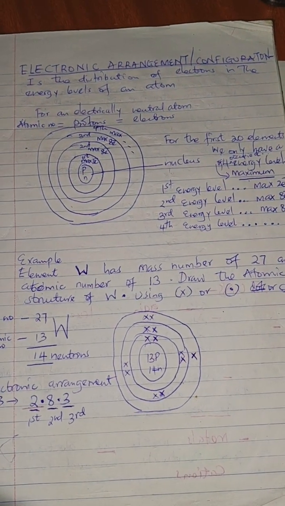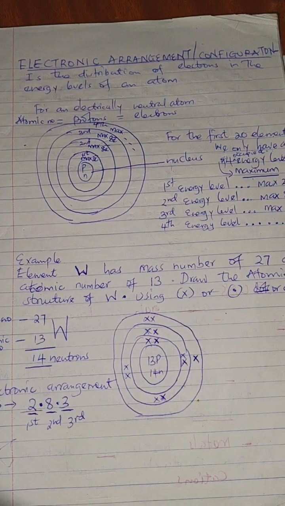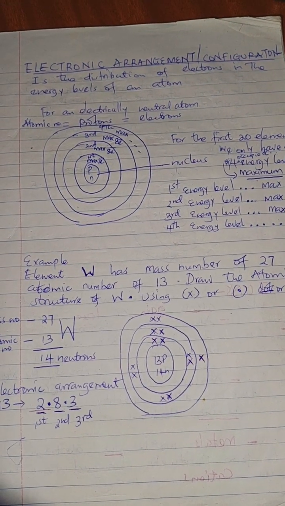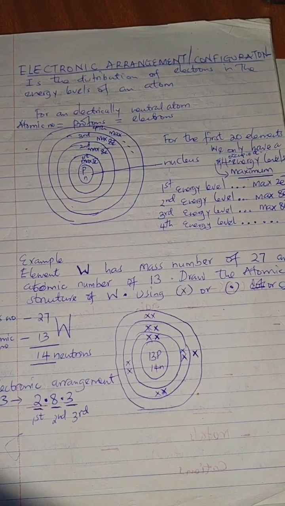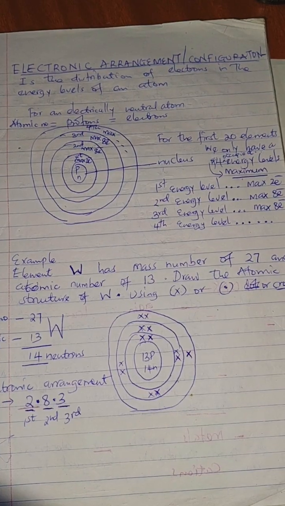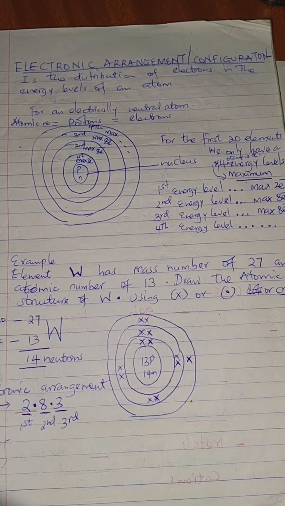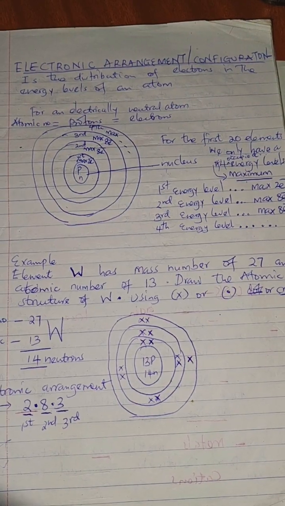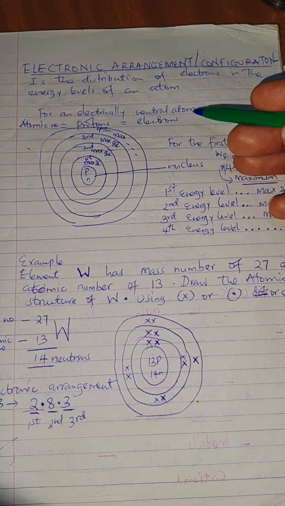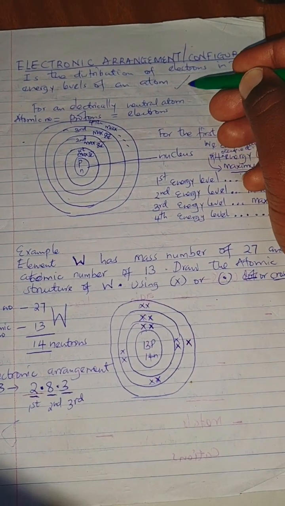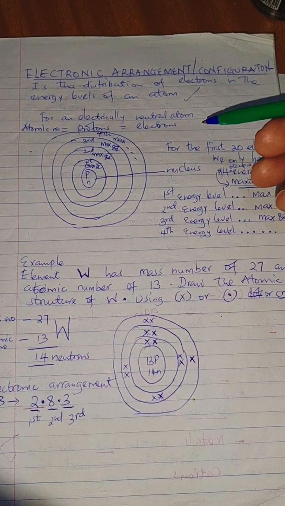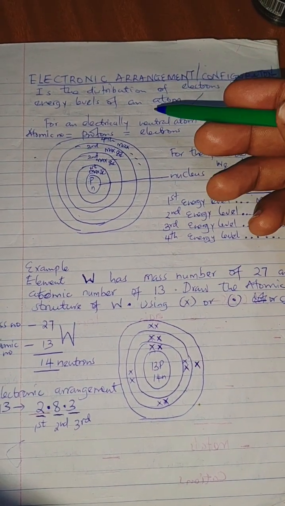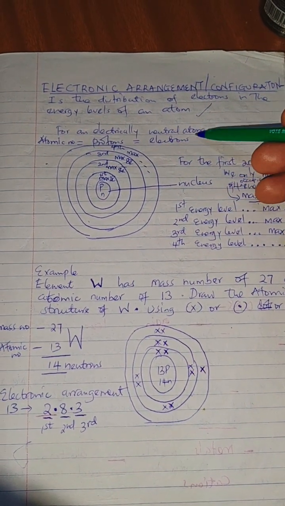But in this case, we're going to look at using configurations. Electronic arrangement is the distribution of electrons in the energy levels of an atom. For an electrically neutral atom, atomic number is the same as protons, is the same as electrons.